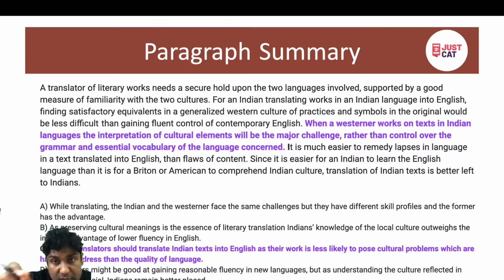But knowledge of the local culture was nowhere mentioned here. Also, it was said that gaining fluency over the English language will be more difficult than understanding the Western culture.